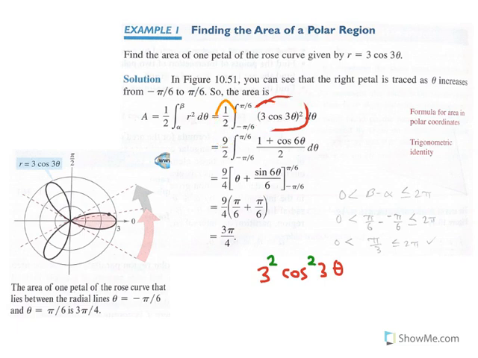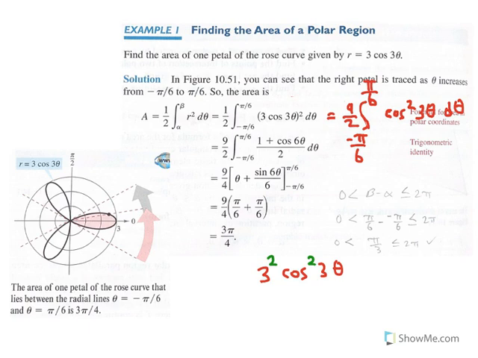And then in the integrand, we would have cosine squared 3 theta. So if I want to write an intermediate step here, I would write 1/2 times the definite integral from negative pi over 6 to positive pi over 6 of 9 times cosine squared 3 theta d theta. And when you factor out the 9, then you get 9 over 2 times the definite integral from negative pi over 6 to positive pi over 6 of cosine squared 3 theta.